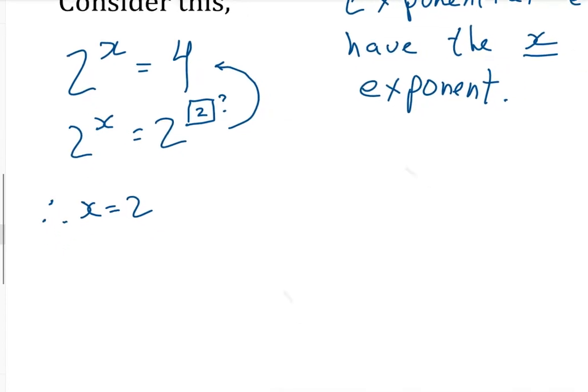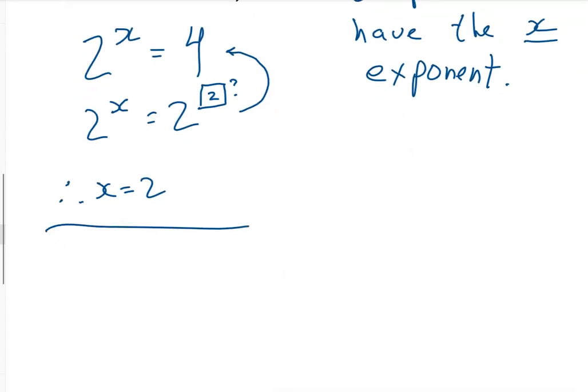So we're going to do one more. 2 to the x equals 8. It's not always 2, by the way. There's lots of other bases that we're going to explore. So it's going to be 3, but we're not just getting the answer. We've got to know how to write it.